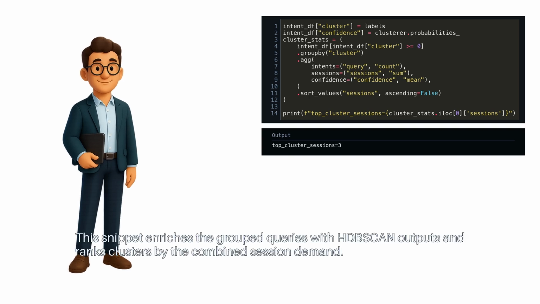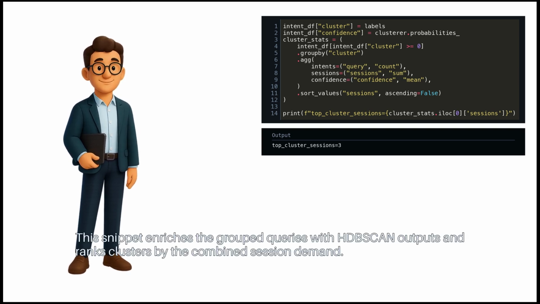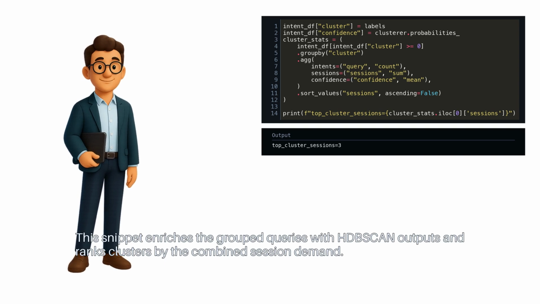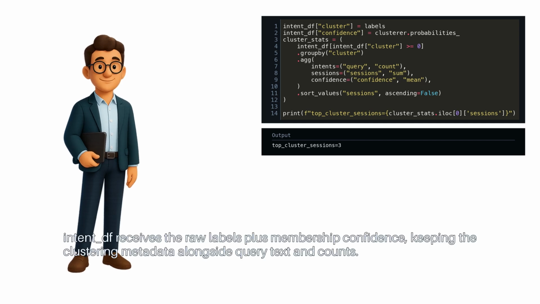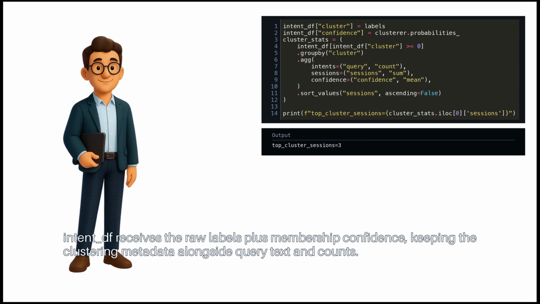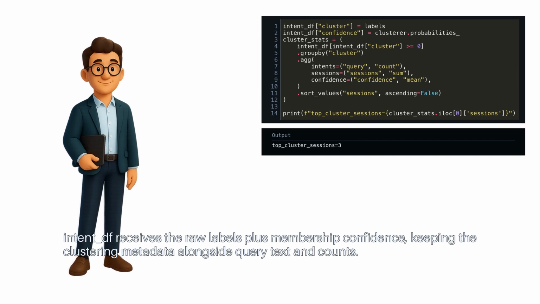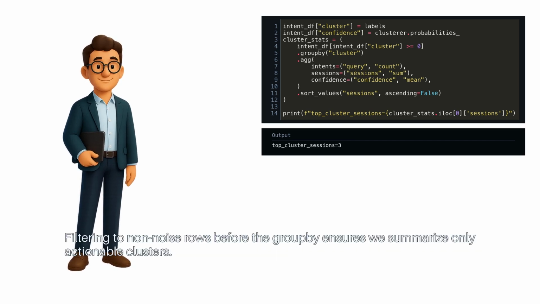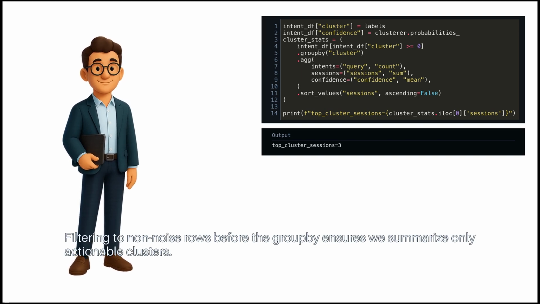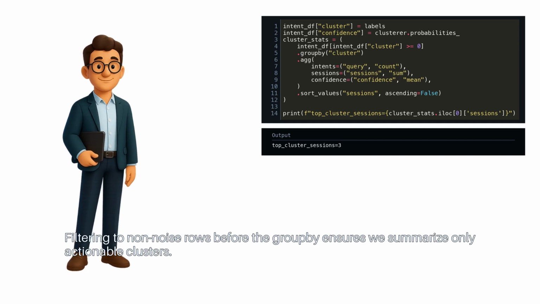This snippet enriches the grouped queries with HDBSCAN outputs and ranks clusters by the combined session demand. intent_df receives the raw labels plus membership confidence, keeping the clustering metadata alongside query text and counts. Filtering to non-noise rows before the groupby ensures we summarize only actionable clusters.